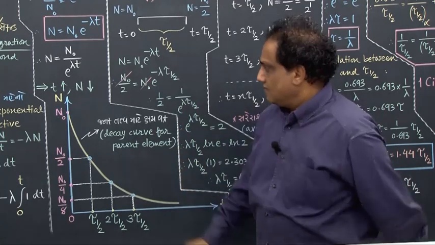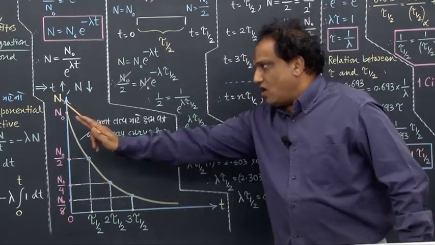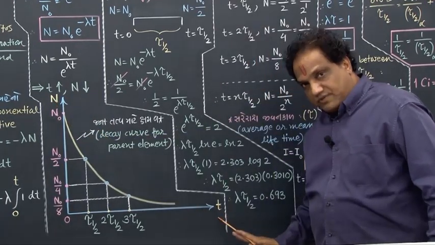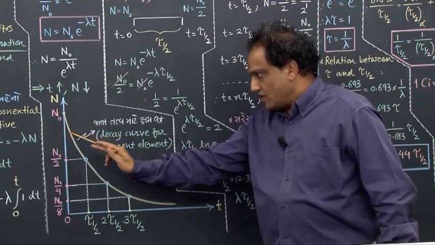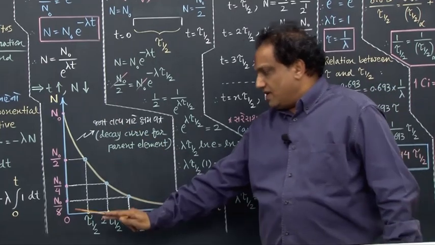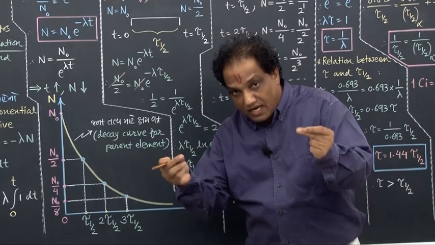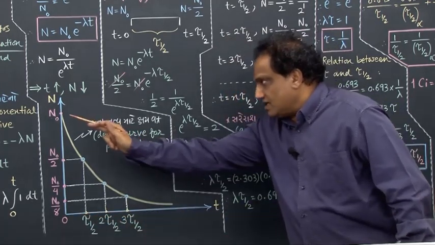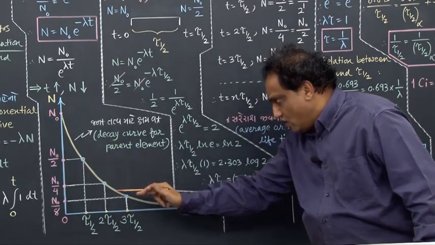Here is a graph of N versus t, that is, number of undisintegrated atoms versus time lapse. The graph is like this. At time t equal to 0, the initial number is N0. Later on, as time passes, this number goes on decreasing according to this curve.